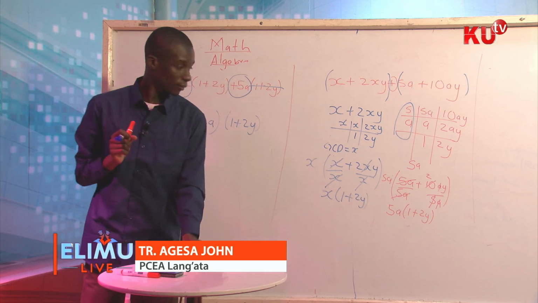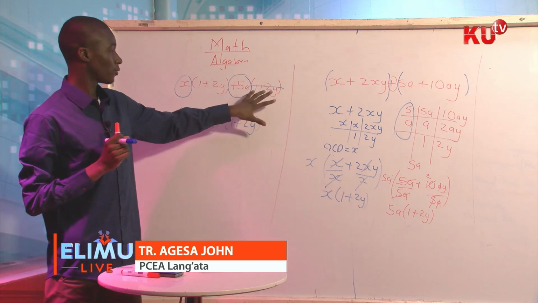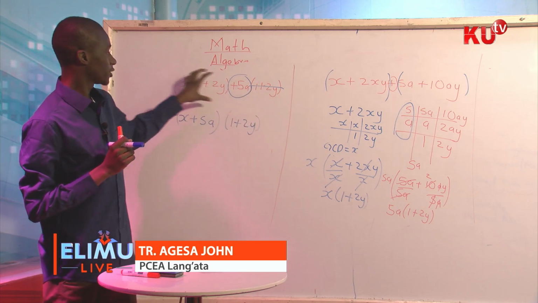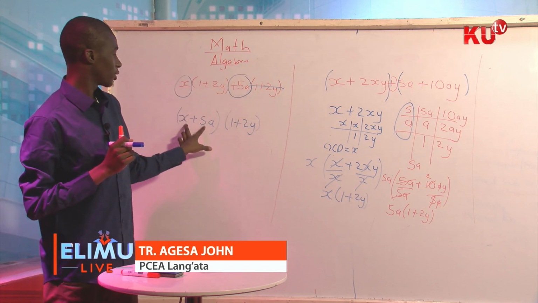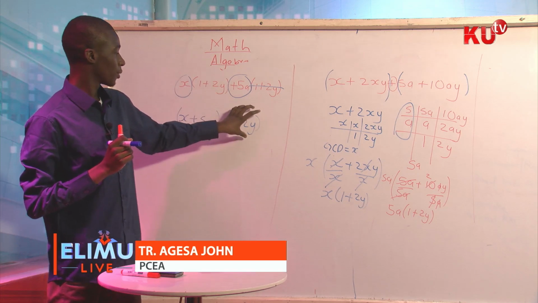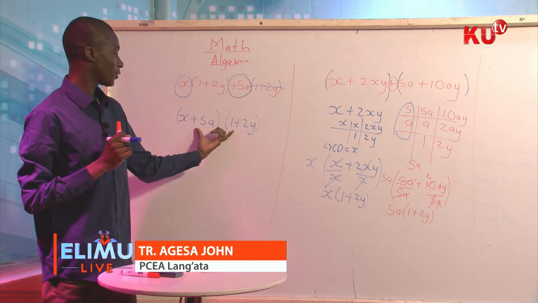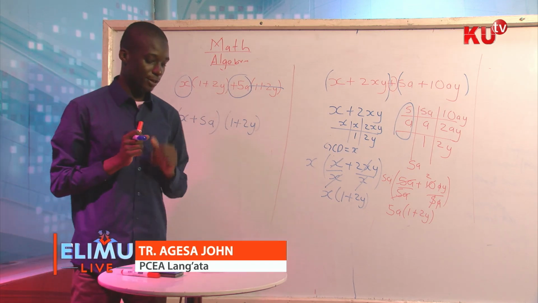So once you're done with the cancellation of one of the parts, the bracket which is identical, you're going to pick the coefficients of the expressions that are outside and join them to give you another pair, and the other bracket which you didn't cancel out, we're going to make use of it as our second pair, and this becomes our final expression on factorization of the algebraic expression.